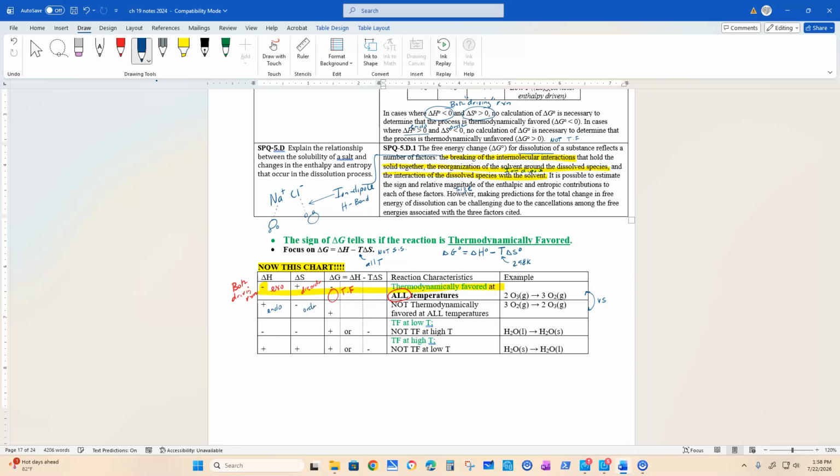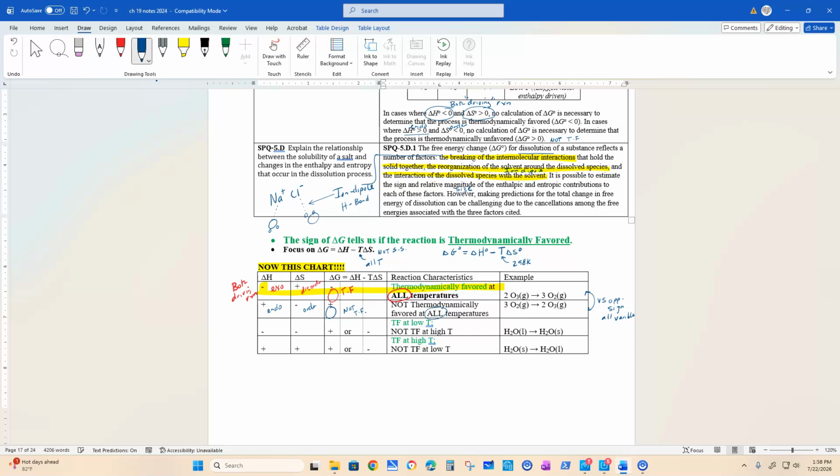So if these are opposite in signs, then your delta G is going to be opposite in sign. So not thermodynamically favored at all temperatures, okay? What I like to remember is this first column, because then I know the second column is just the opposite of sign for all variables.